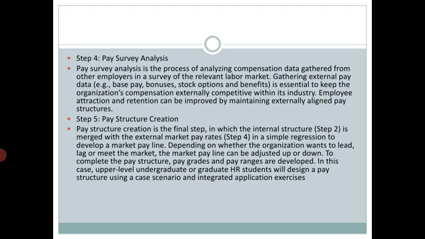So when we come across pay survey analysis, what is pay survey analysis? In pay survey analysis, what is done?